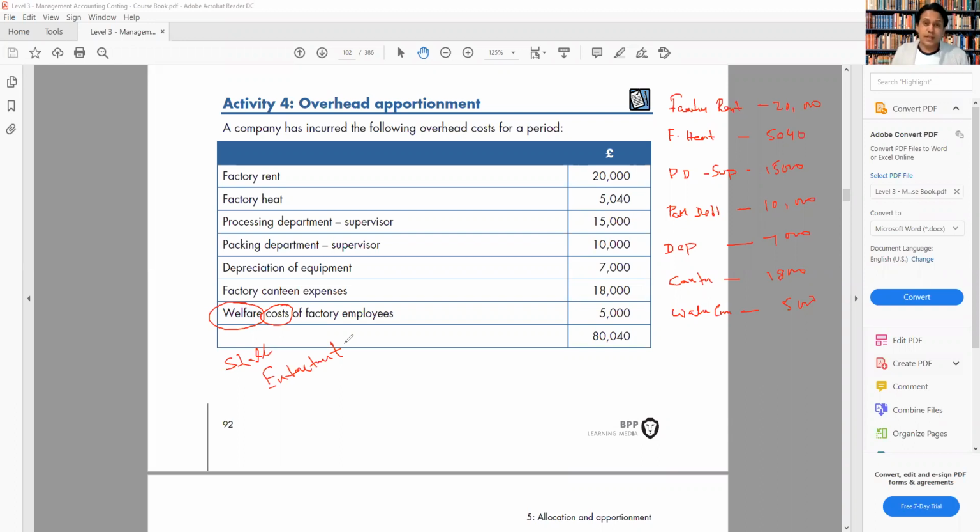Some terms are really tricky. As soon as you use the word welfare, it is exempted. But as soon as you use staff entertainment, the entertainment is not allowable for tax purposes. So sometimes, as soon as you change the name of the category, that will be the allowable expense. All right, so let's move on.